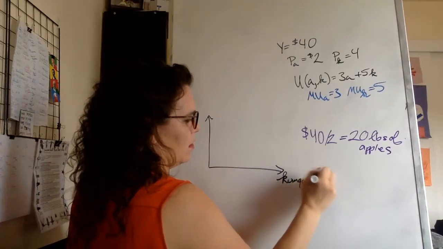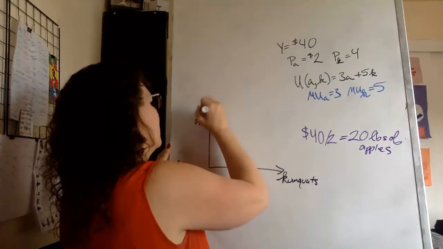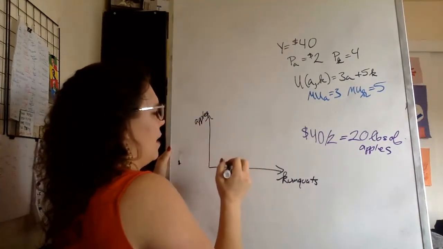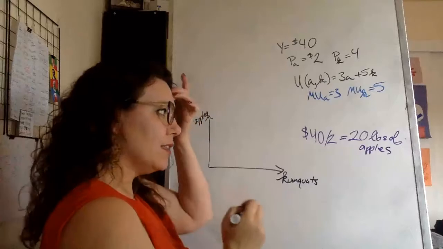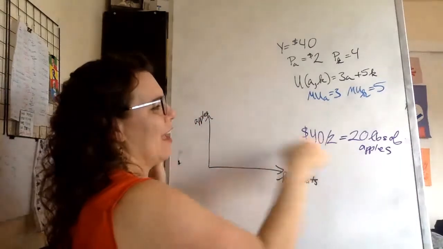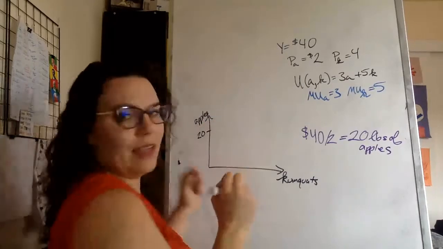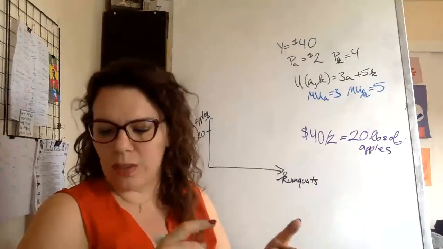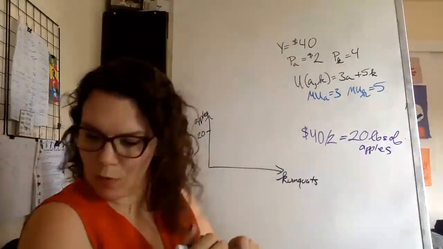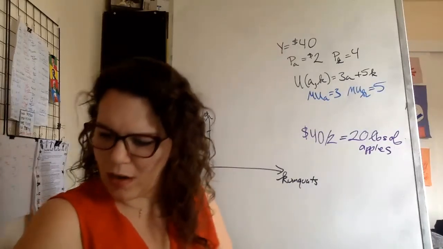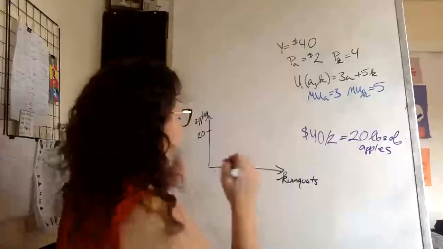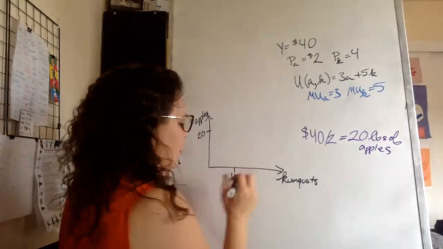So we have Andy can choose to either consume kumquats or apples. And if Andy spends all $40 on apples, he can consume 20 pounds of apples. And if Andy spends all $40 on those kumquats that are $4 each, he can consume 10 pounds of kumquats.